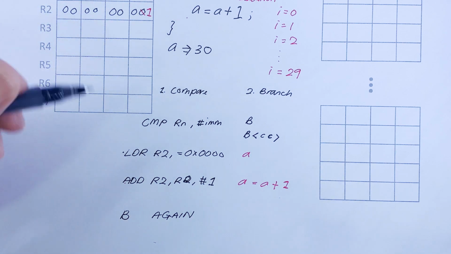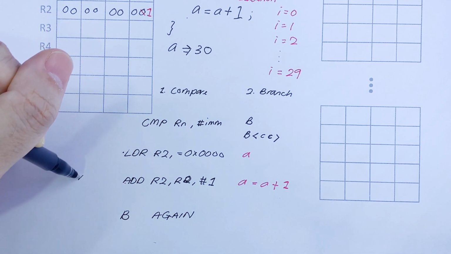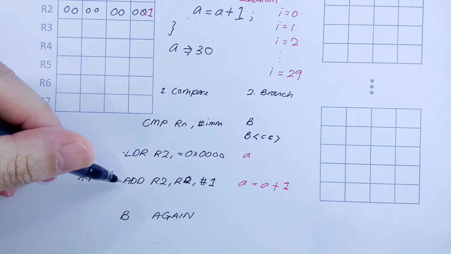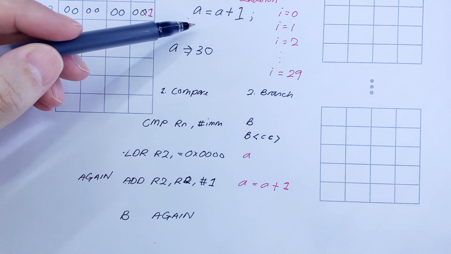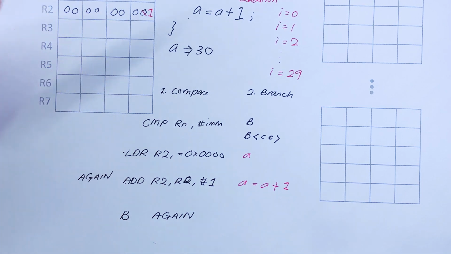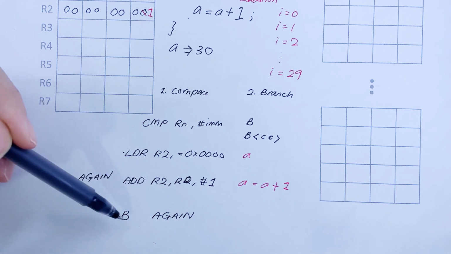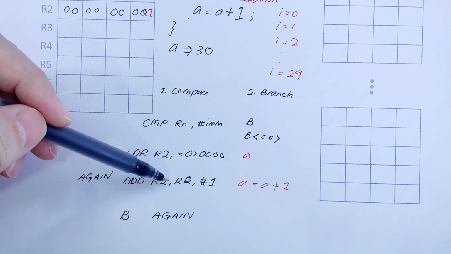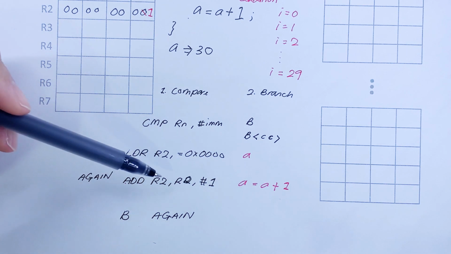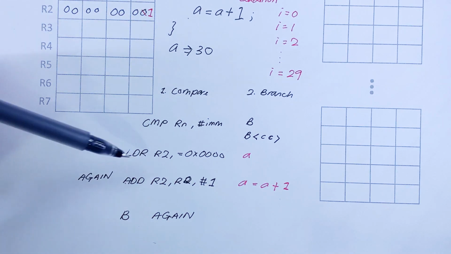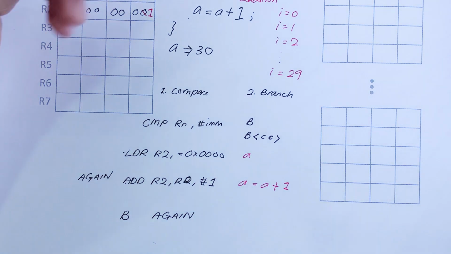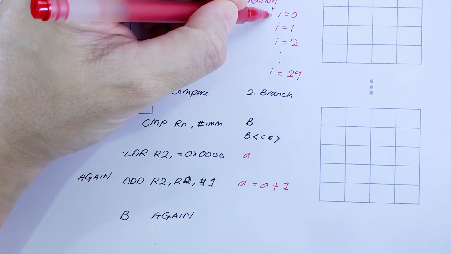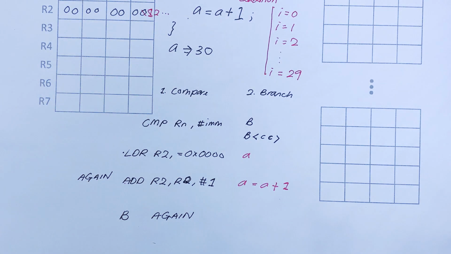In our case, we would like to instruct our processor to repeat the add instruction so that we keep doing A equals A plus 1. Every time the processor loops through the process, R2 or A will increase by 1, starting from 1, then 2 and so on, as what we try to achieve in our C++ code.